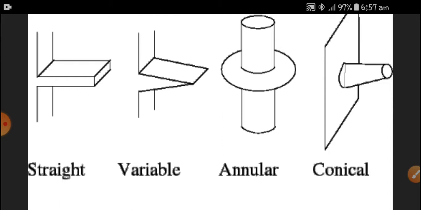And for the fin material, the conductivity is high compared to the convectivity. So the resistance to convection is more than the resistance to conduction. That is why fins have very high thermal conductivity and very low heat transfer coefficient. That you have to remember.